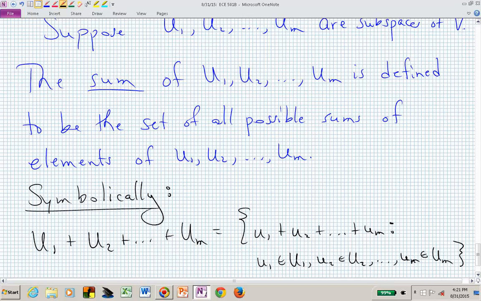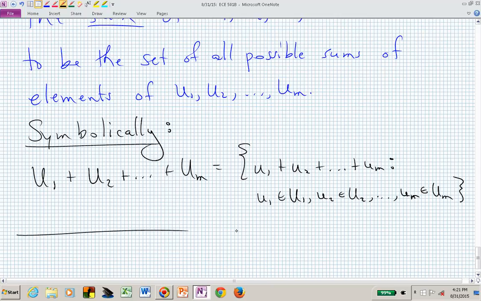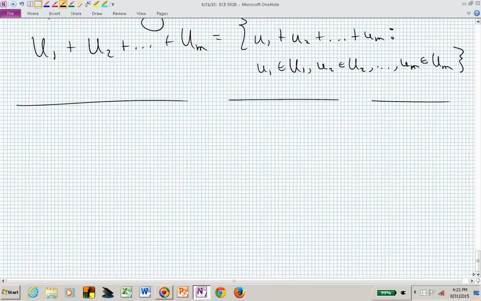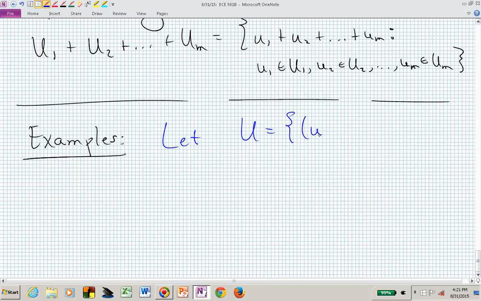Let's look at some examples. Suppose we let script U be, let's say, (U1, 0, 0) in R3, such that U1 is any real number.